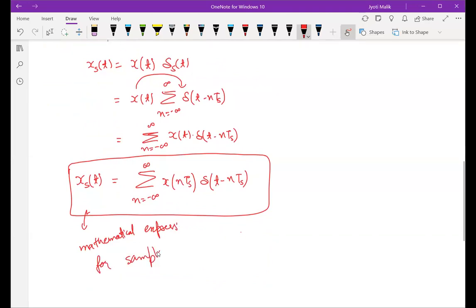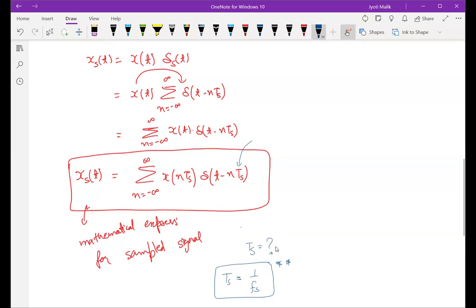And how to apply this in questions? You can see here there are only two parameters. One is ts, so you should know the value of the sampling interval. The sampling interval you can find out using the sampling frequency, and they are related by ts equal to 1 by fs. So either one of them will be given to you, or you have to find it using the theorem which we discussed in the last class.